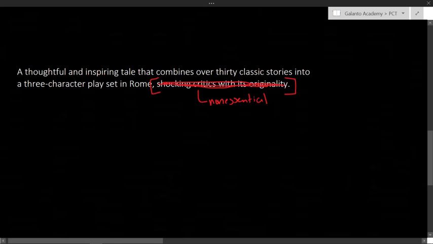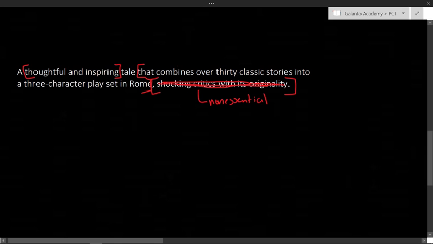So let's take out our other modifiers. The best way to see if a fragment is truly a fragment is by taking out the extra descriptors. So we can take out a thoughtful and inspiring, and then that is a relative pronoun that's just telling us more about what kind of tale it is. So anything that's included in this phrase right after that is actually just a descriptor for tale.